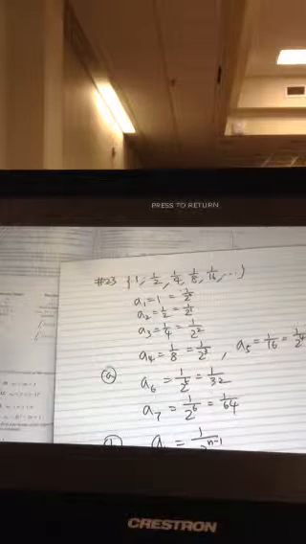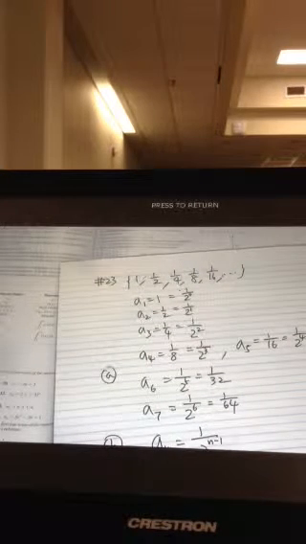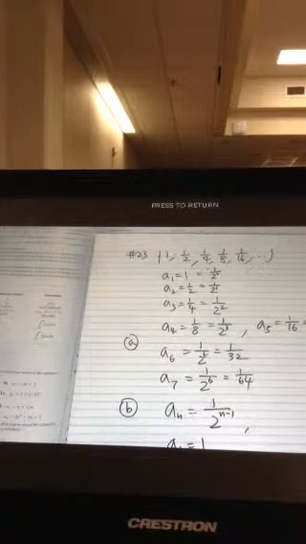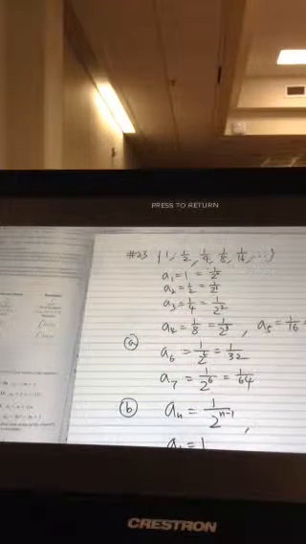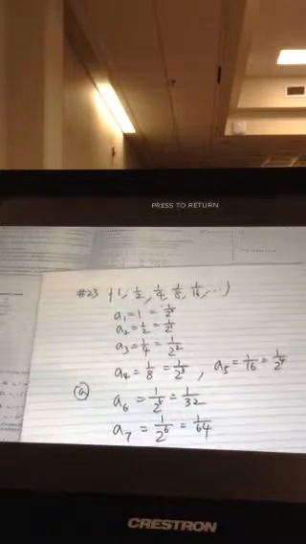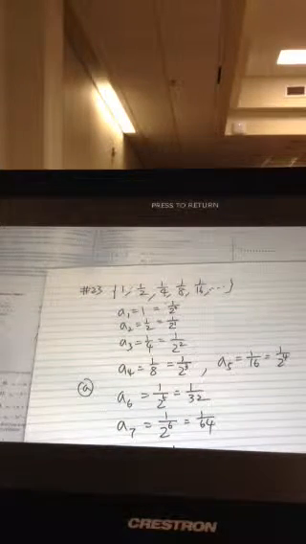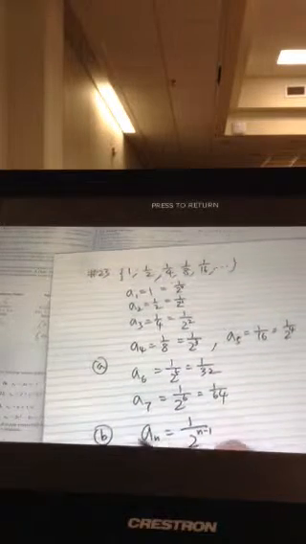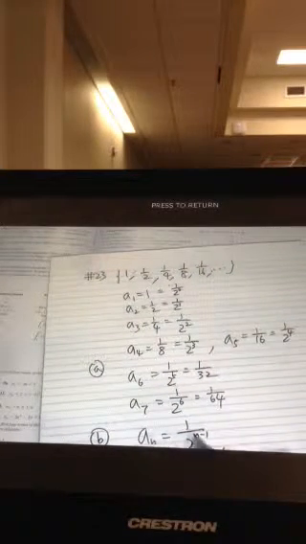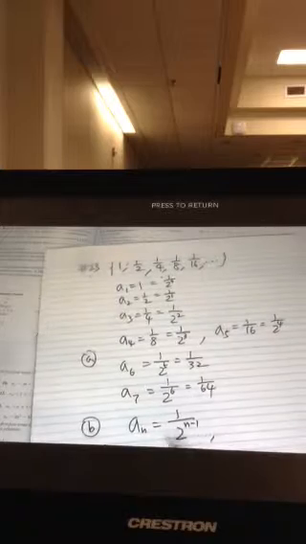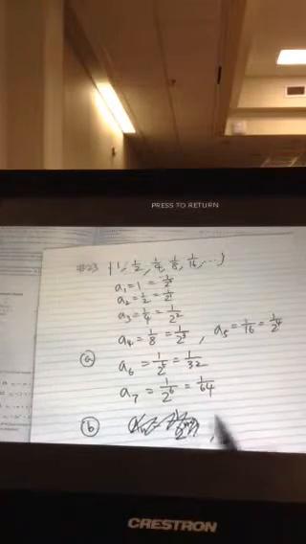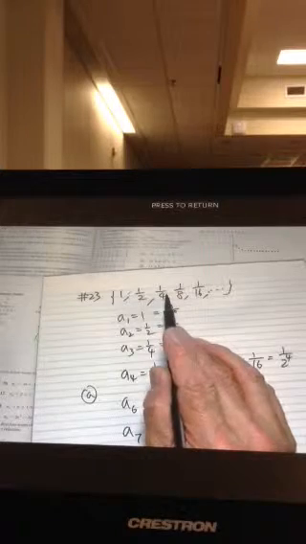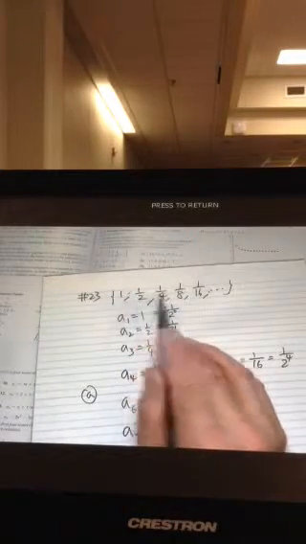And then C, find an explicit formula for the nth term. Another way of writing this, I probably should write it as the following. Let me write this, okay? Because if I look at this, I see that each term is 1/2 of the previous one.